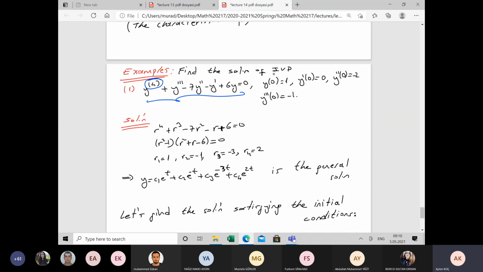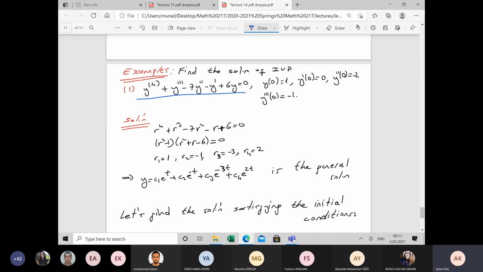Every initial value problem has a unique solution, but to get a unique solution we need 4 initial conditions, and we have 4 initial conditions. Our aim is to get the unique solution of this initial value problem.